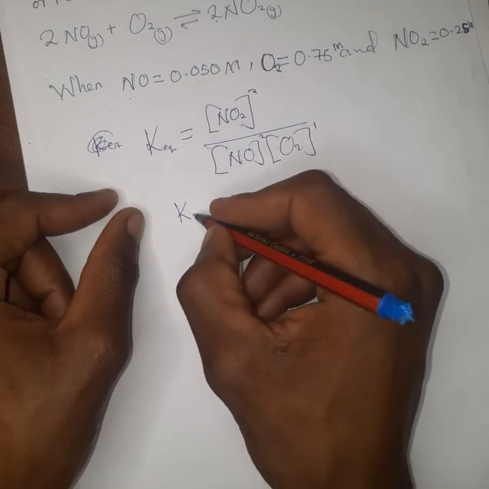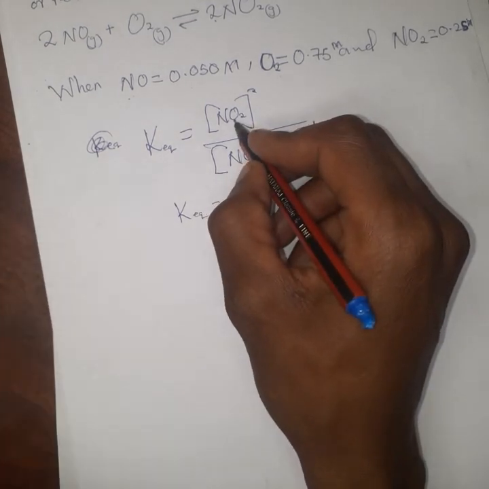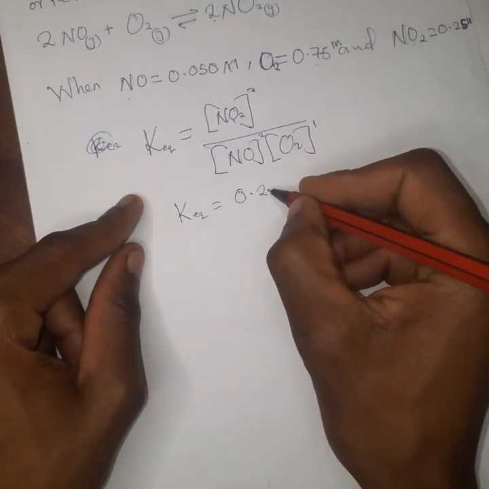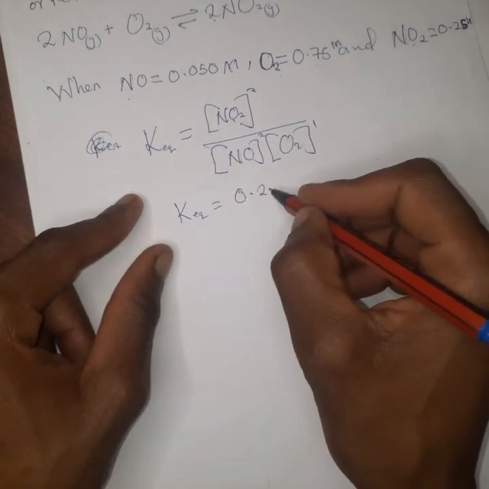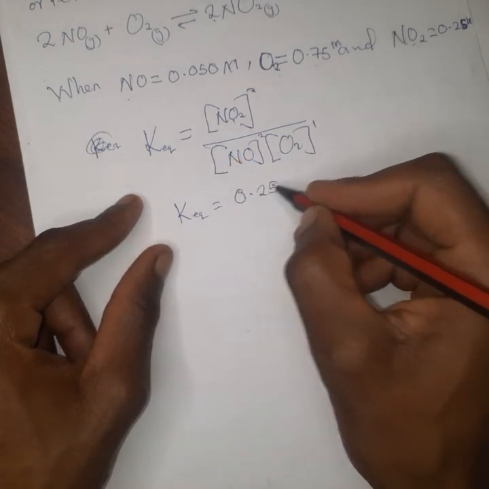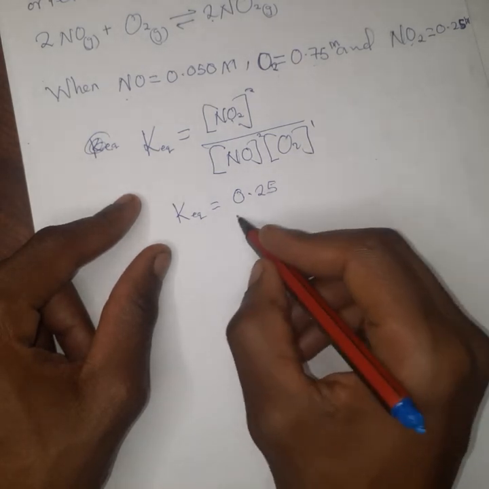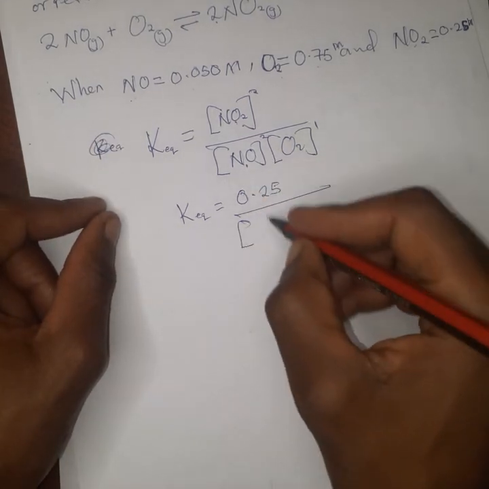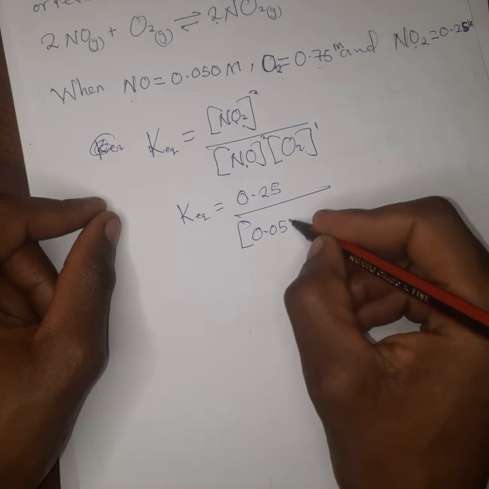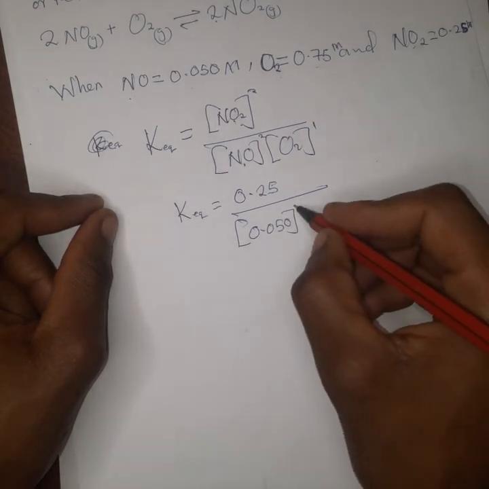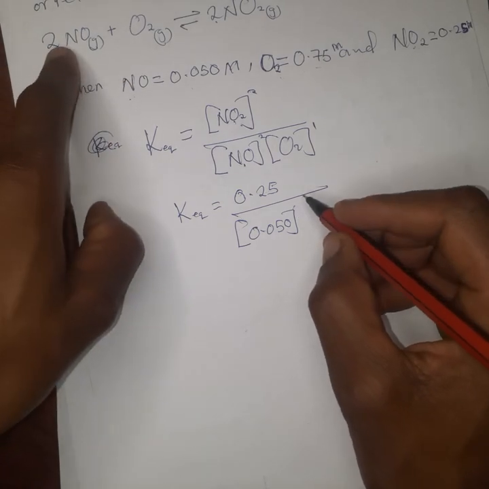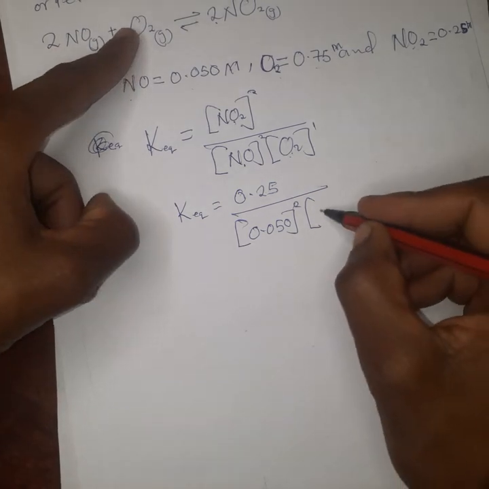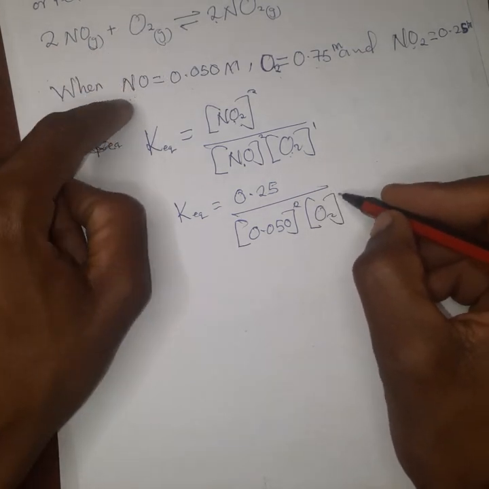Okay, so you get the concentration for nitrogen dioxide. So the equilibrium constant is equals to, what is the concentration for nitrogen dioxide? It is 0.25 mole over the concentration of nitrogen monoxide, which is 0.050. Then to the power, what is the coefficient? It's 2, so to the power 2 multiplied by the concentration of oxygen, then to the power 1.